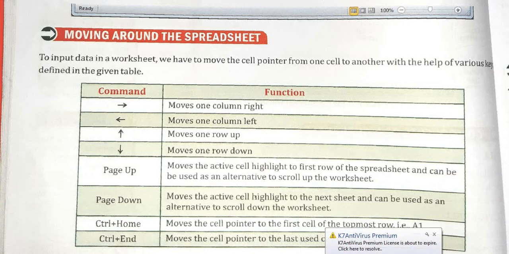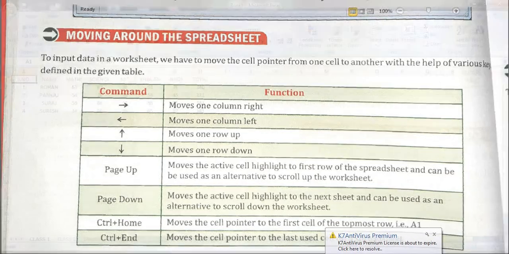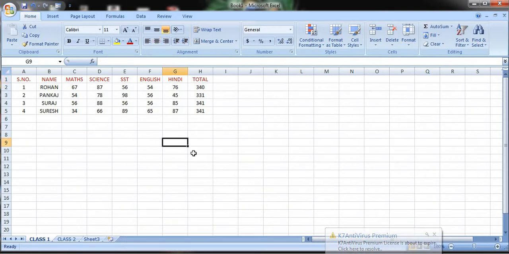Page Up button, Page Down button, Control Home. Control Home moves the cell pointer to the first cell of the topmost row. Suppose we are here, right? Now on my keyboard I press Control plus Home, the Control key with the Home key.